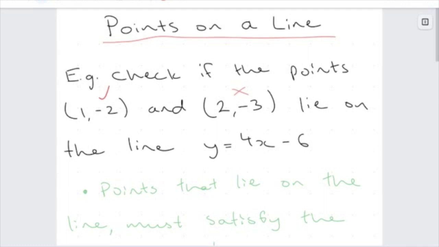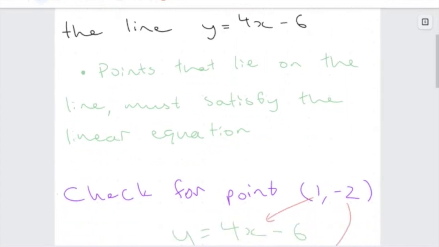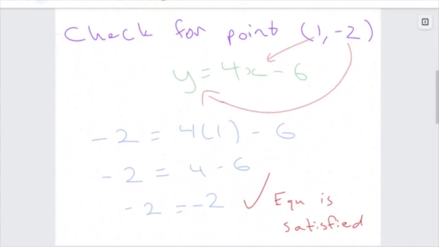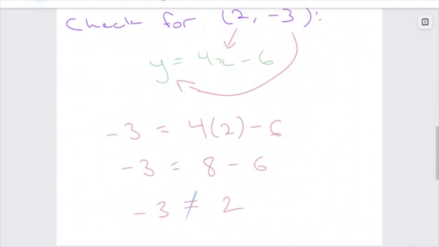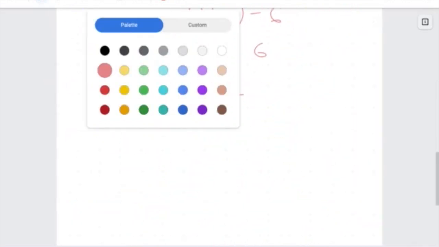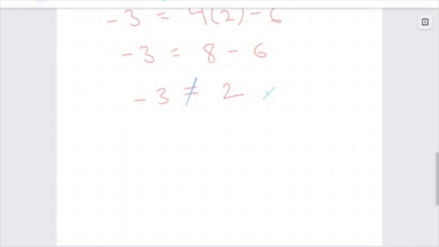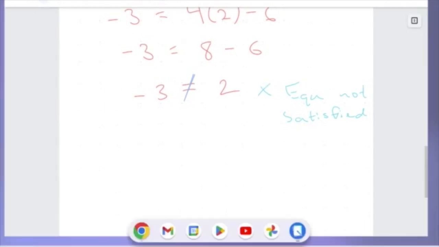And the points that do satisfy these equations, so this example here, and the ones that don't do not satisfy the equation. So I can put here the equation not satisfied. So the point doesn't lie on the line. So that, in essence, is how we can check for points lying on our linear relationships, our line graphs.